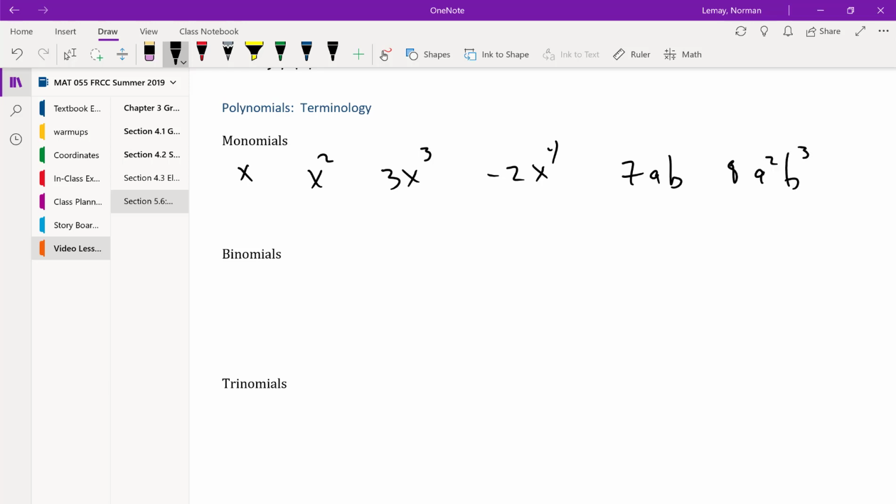These are called monomials because at the end of the day we have a variable, a letter, and this letter could be raised to a power.